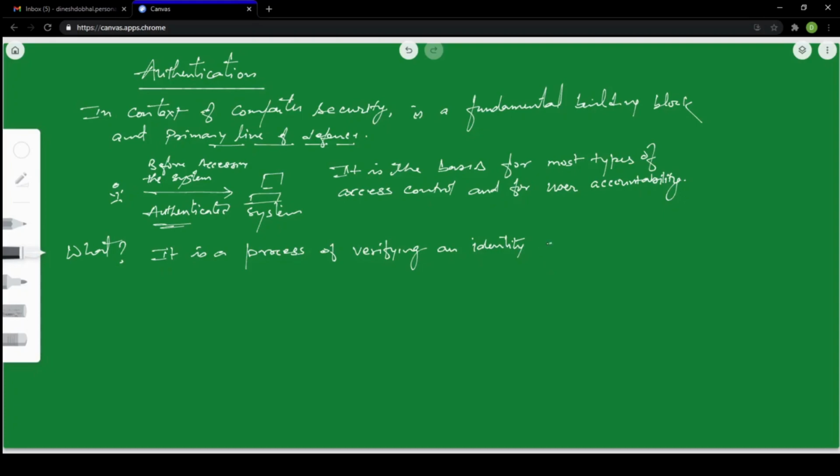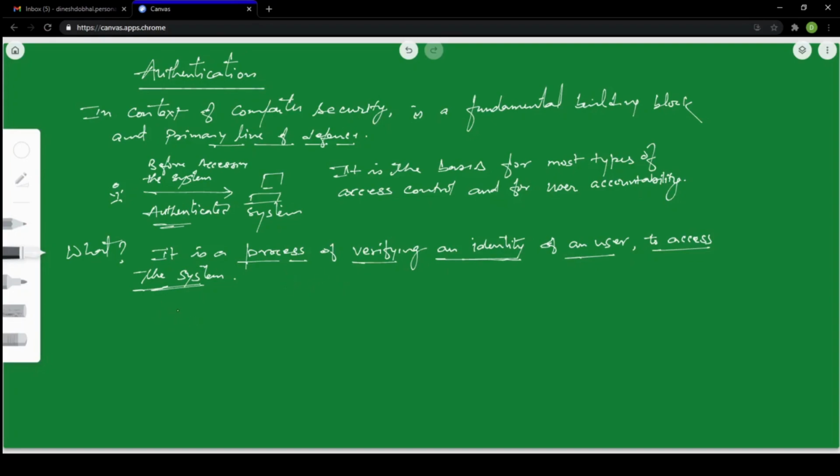The identity of a user which is claimed by him to access the system. It is a verification process which will verify the identity of a user who is trying to access the system. Here in our example, the system could be a computer system, a file system, or a database management system, etc.